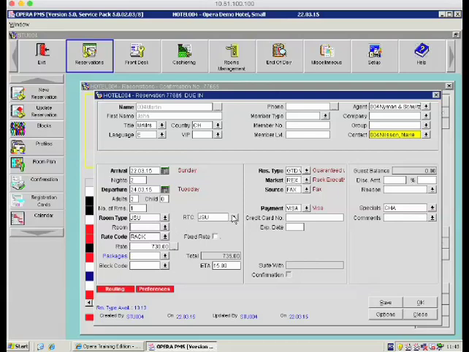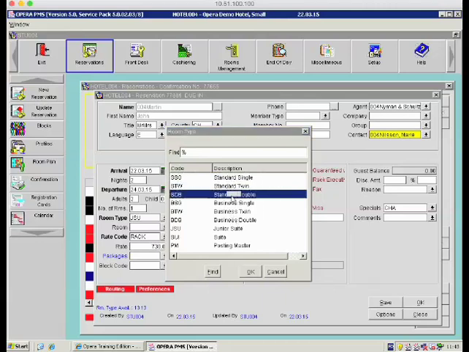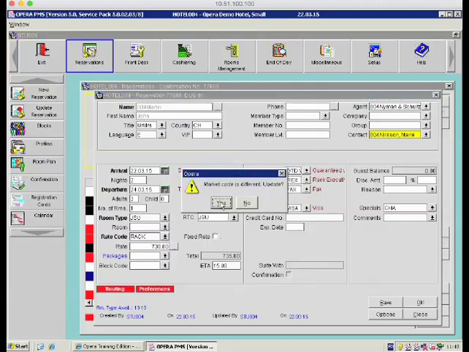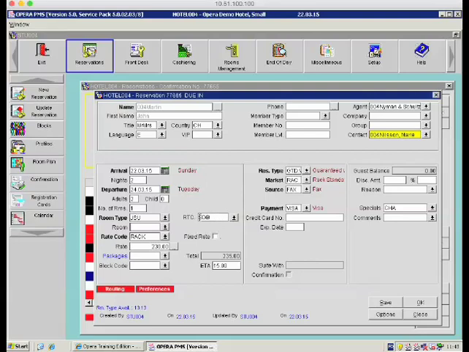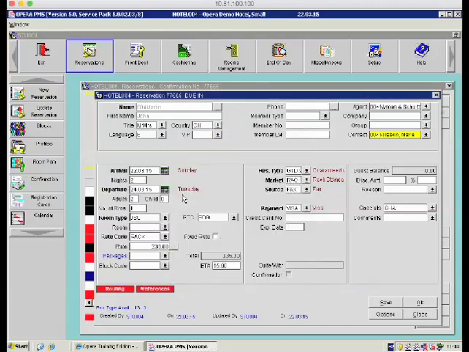You can always downrate to a standard double, and therefore you change the price so the guest gets the room he requested, but he won't get the price he asked. So this is in order to make up for maybe some problems that happened during the customer's stay.